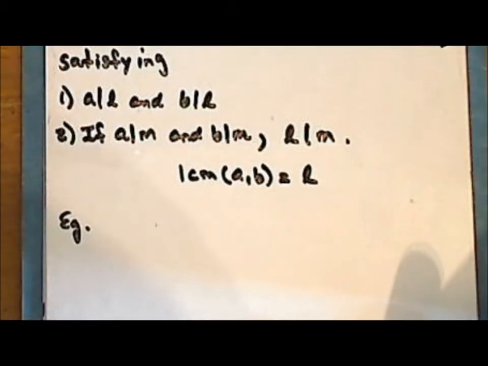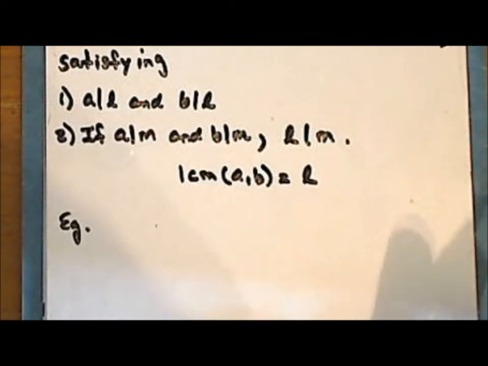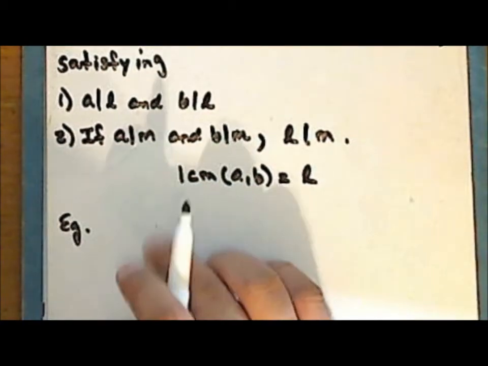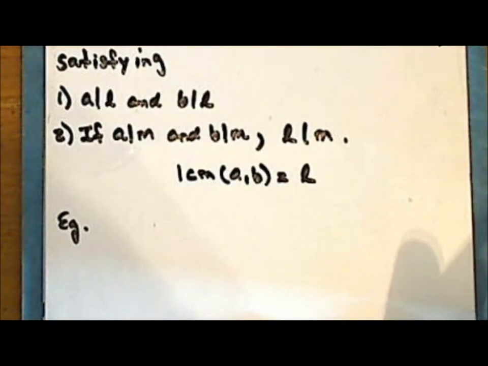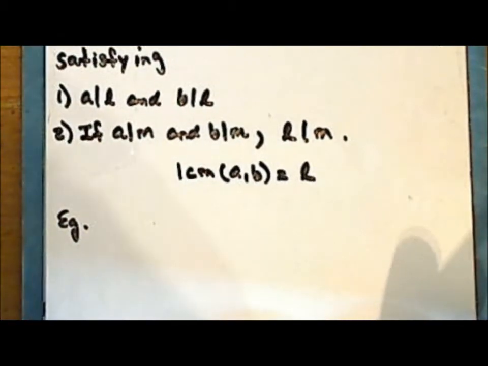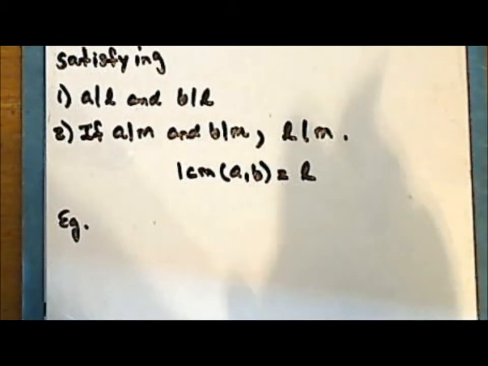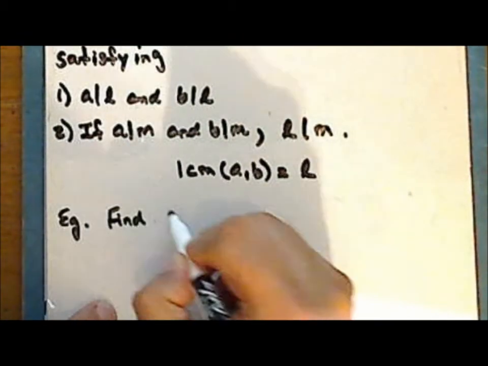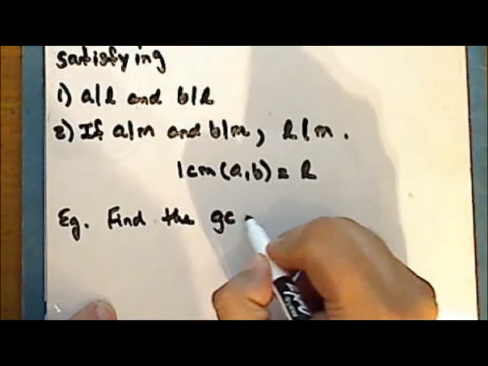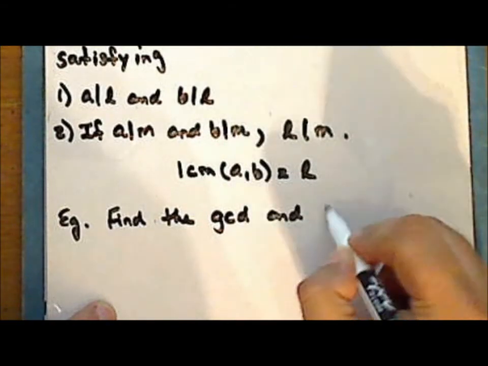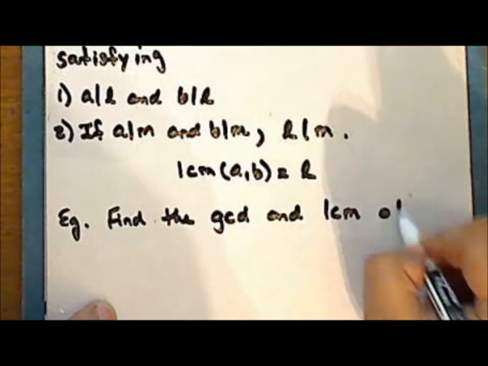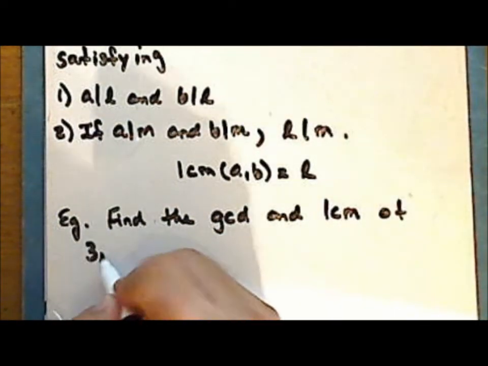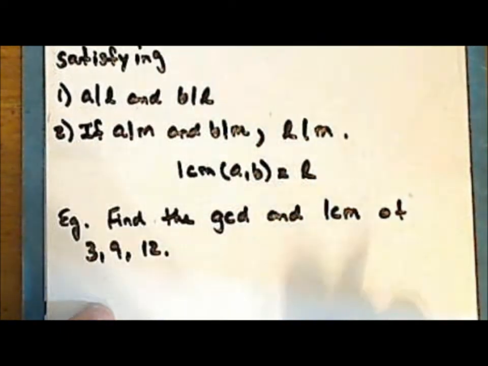We have defined the greatest common divisor and least common multiple for a pair of non-zero integers, but it will work for 3 or more non-zero integers as well. So let's find the greatest common divisor and least common multiple of the numbers 3, 9, and 12.